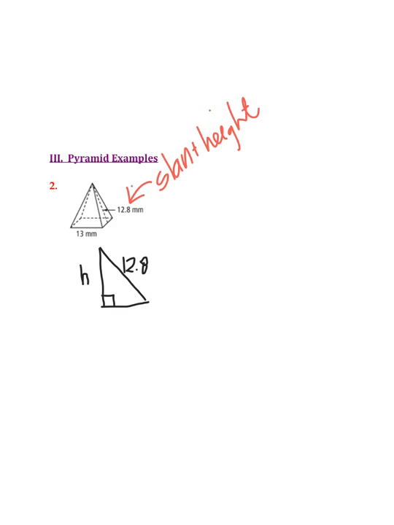Again, with a pyramid, we can assume that we've got a regular base. This is a square base, 13 by 13, which means this height is going to the absolute center of that base. So this distance then is 6.5. I'm getting that by dividing 13 by 2. And then I'm going to do Pythagorean theorem. So h squared plus 6.5 squared is equal to 12.8 squared.